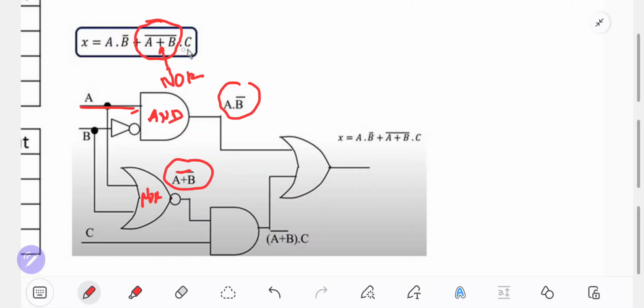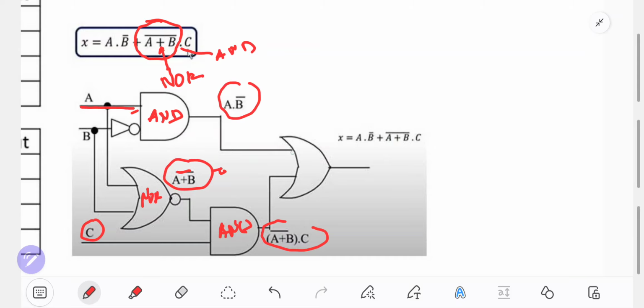And then you join times, which is AND, so you use the gate logic symbol like this. After we get this output, we join it with C input and the result is this.